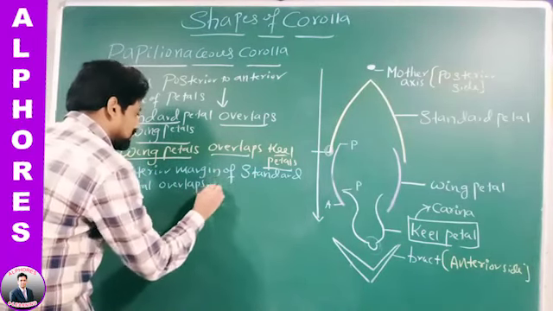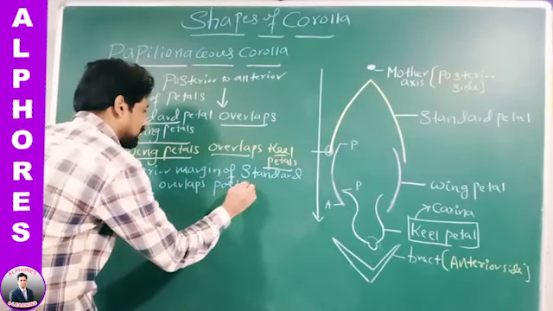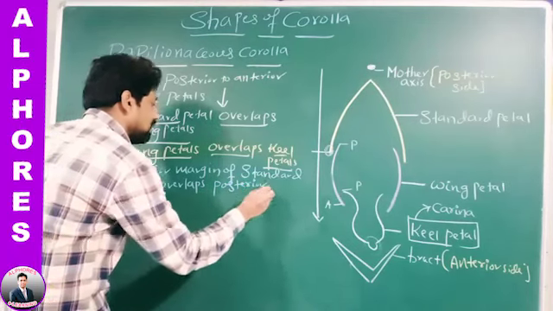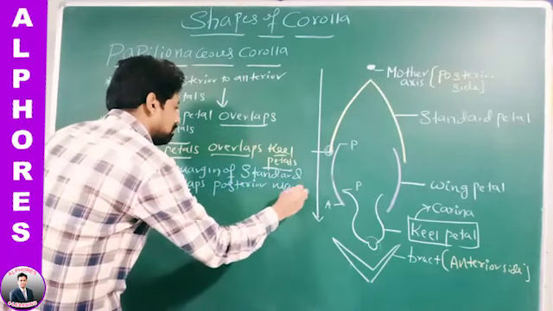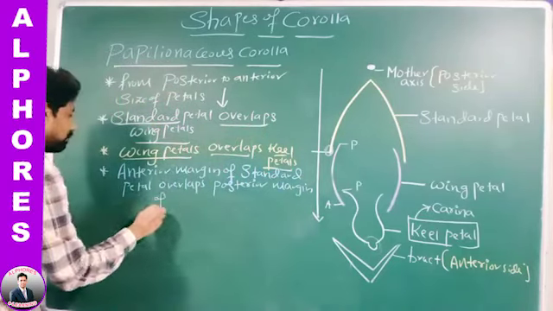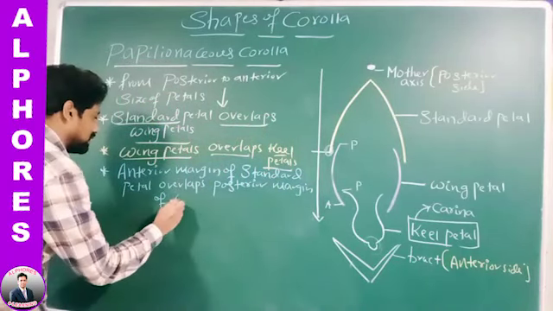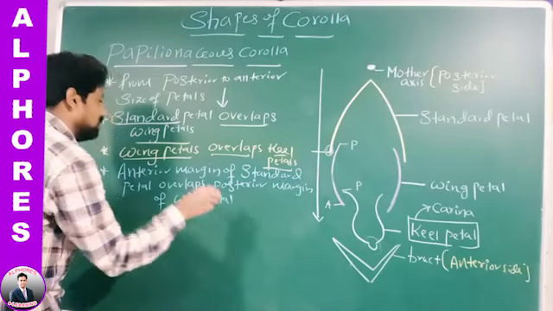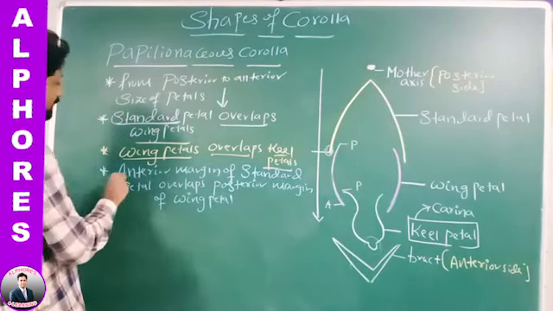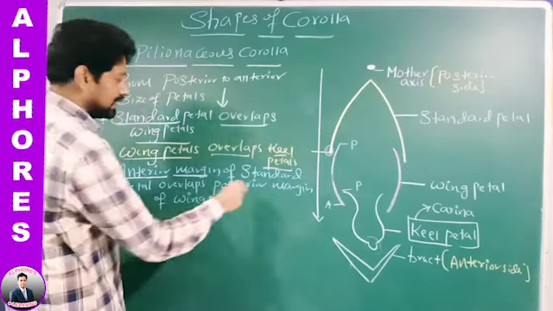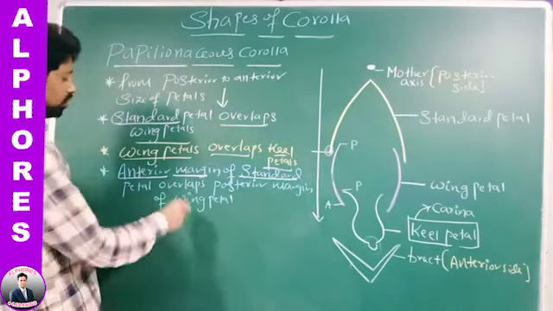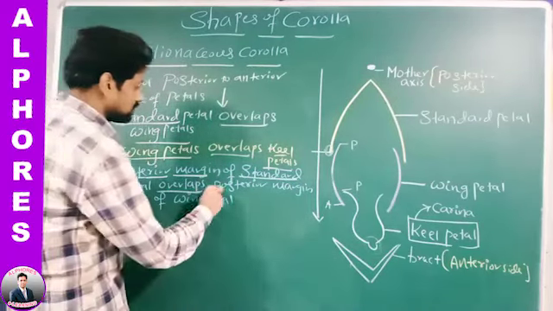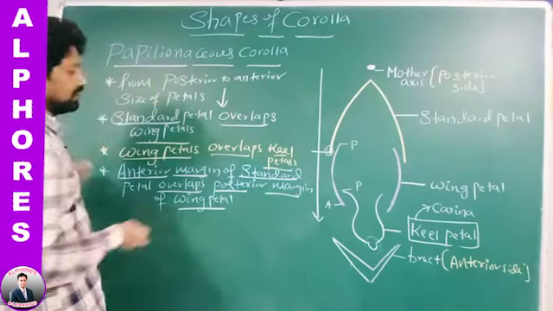Overlaps which margin? Posterior margin. Posterior margin of which petal? Wing petal. Therefore, the anterior margin of the standard petal is overlapping what? The posterior margin of wing petals.